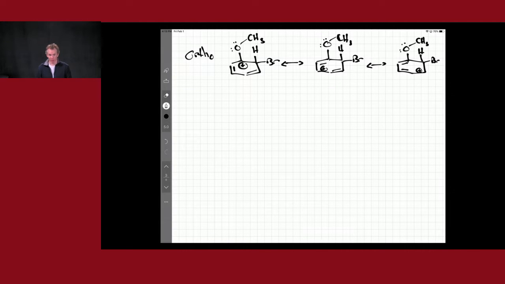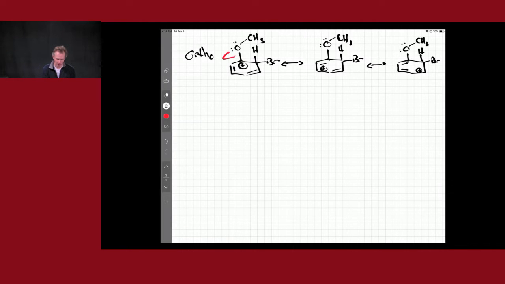Okay, great. So you did it, right? You drew out that 4th resonance form. So let's use our curved arrow formalism on one of these to show how we can do that. I'm going to use red for that. One way that I could do that is by picking one of these resonance forms and using the lone pairs from the oxygen to draw an additional resonance form.